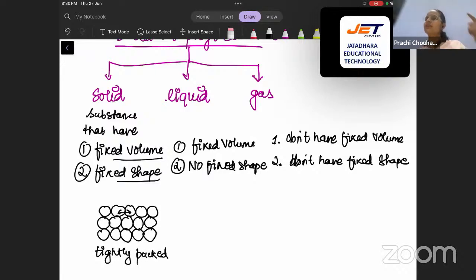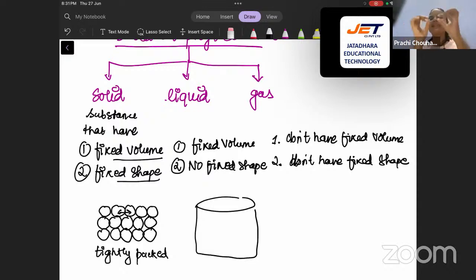Now, how does a liquid look like? If I take these particles a little away from each other, that's when I'll be getting the liquid. Now, there is strong force of attraction between these particles in solid.